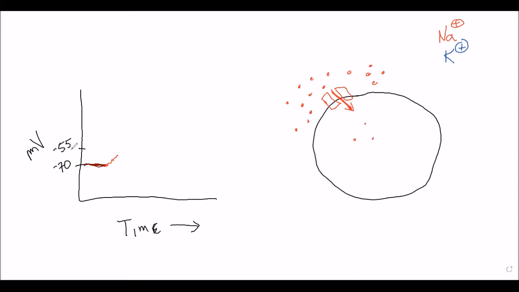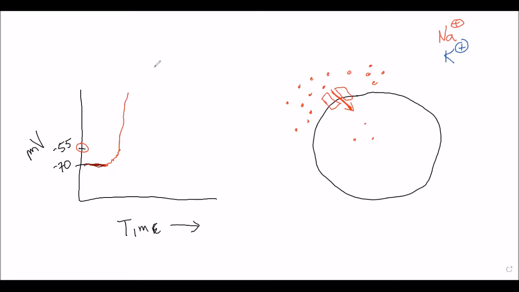Now, here's what's important. If it reaches negative 55, the action potential is going to skyrocket up. Why? Because the sodium gates have now opened up very fast, and that's going to allow sodium to pour inside the cell.